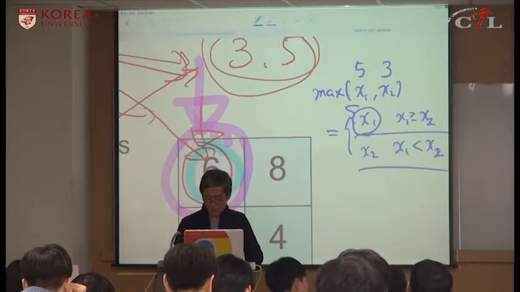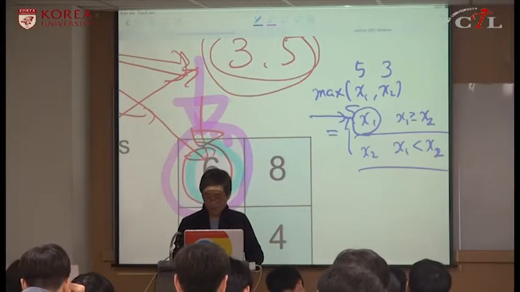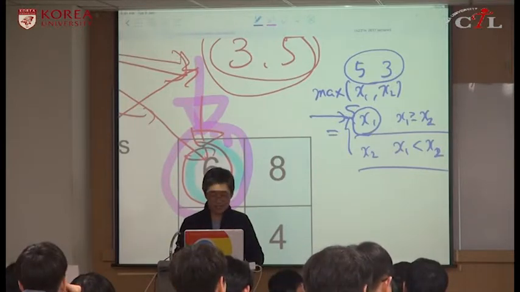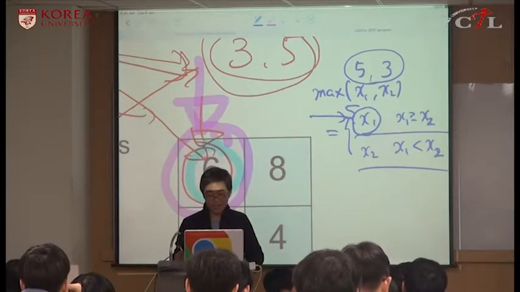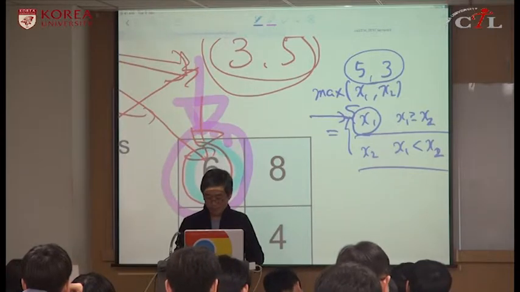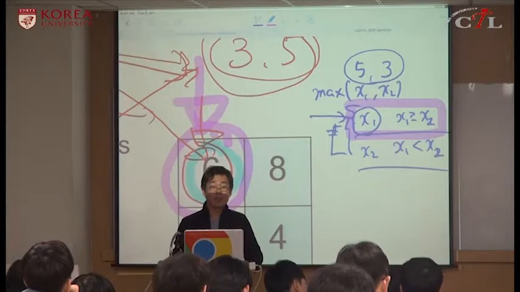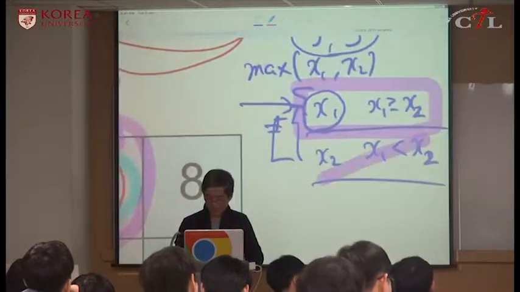And then what about the backpropagation on this? Current forward propagation has 5 and 3, and in this case between these two we would use this function, right? Let's just ignore this part.